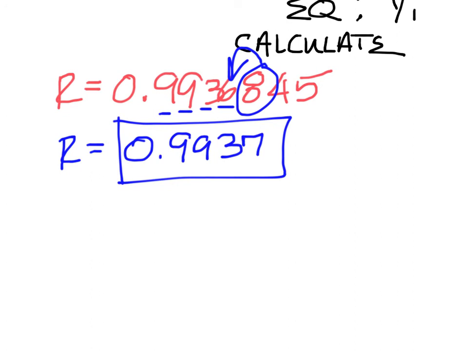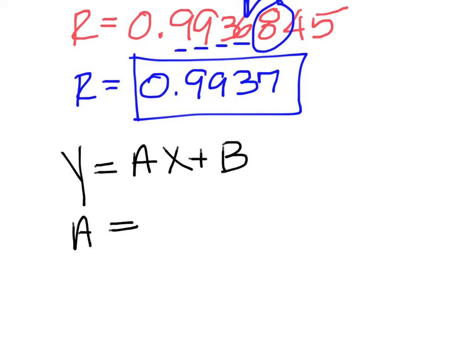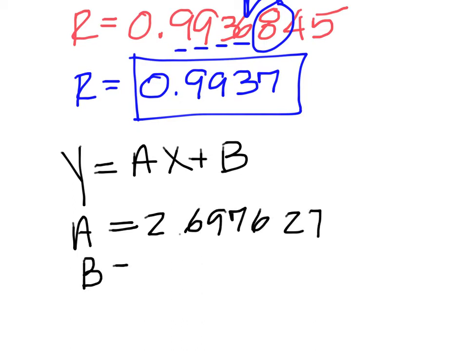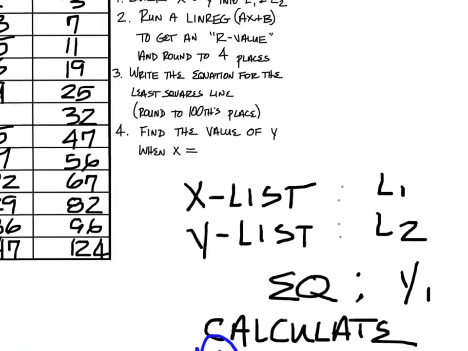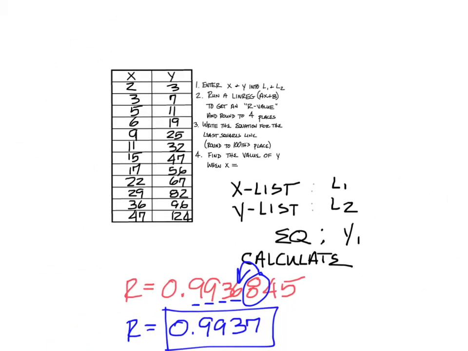For the third item, we have to write the equation in this form. Y equals AX plus B. And you'll notice that A came out to be 2.697627, and B came out to be 2.00660. And the directions say that you want to round to the hundredths place for those numbers.